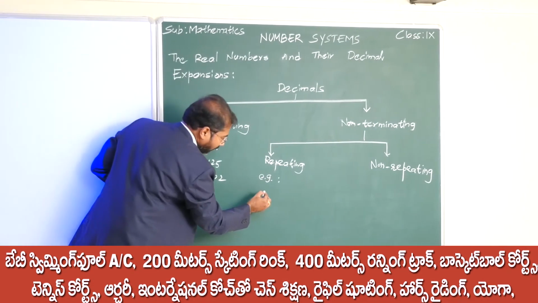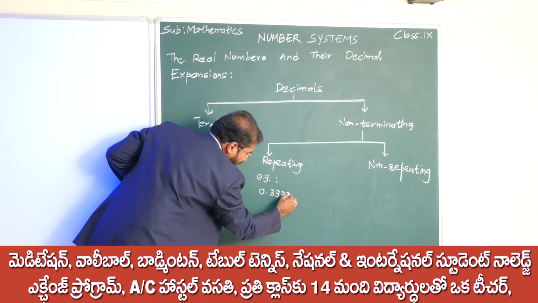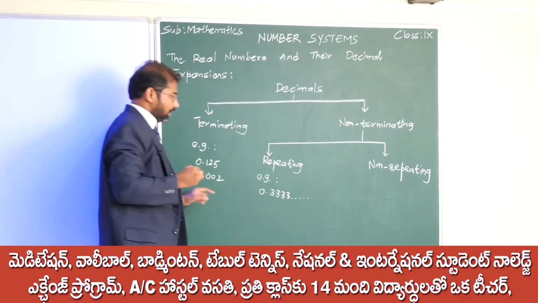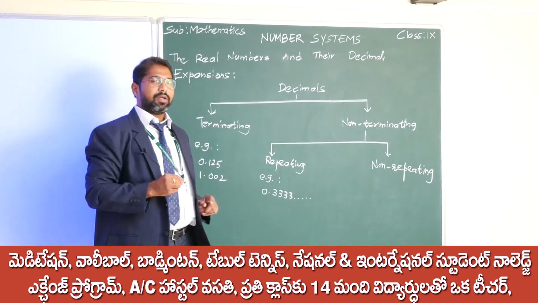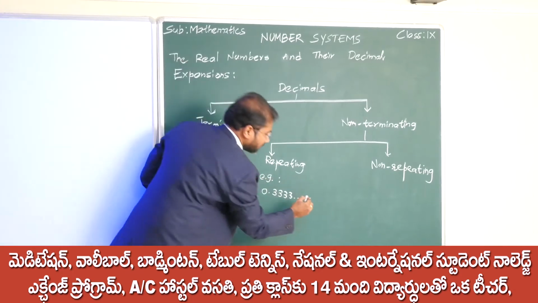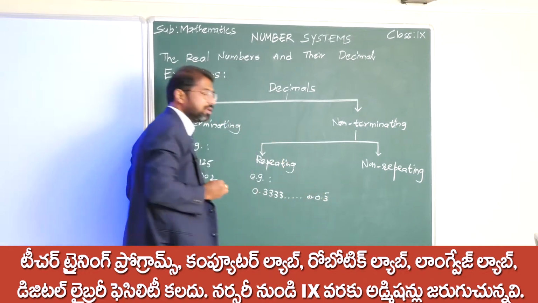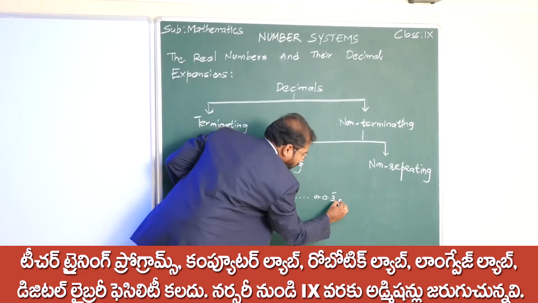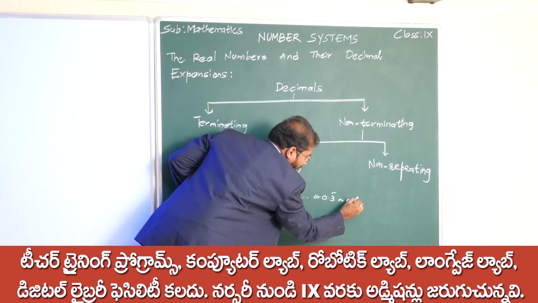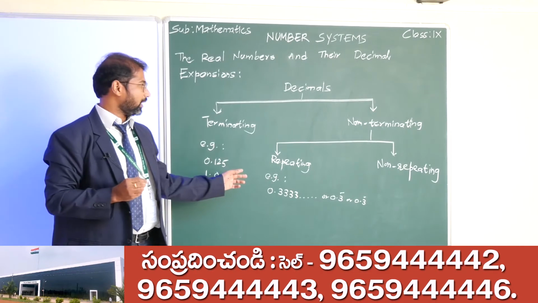Example, 0.333 dot dot dot, which can also be written as 0.3 bar, or it can also be written as 0.3 dot. This is one example.